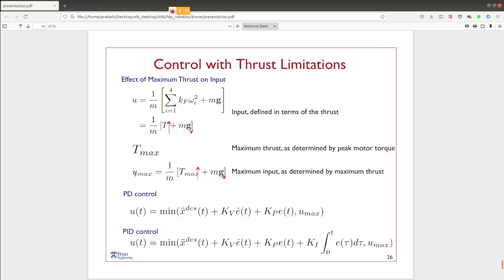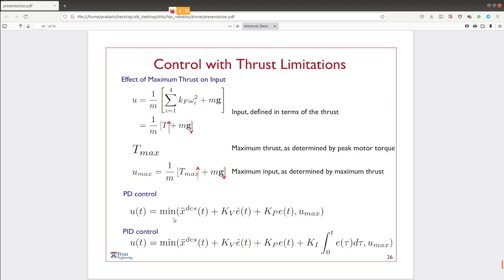The way I am going to construct the control strategy is in the following manner. So u is the one which I have to identify, and I have to feed it over here to calculate omega i, right? So first I will use this equation, which we have seen a few slides before, and I'll calculate u, and also I will compare it with u max, the maximum u it can achieve, and then among these two things I will check which one is the minimum.